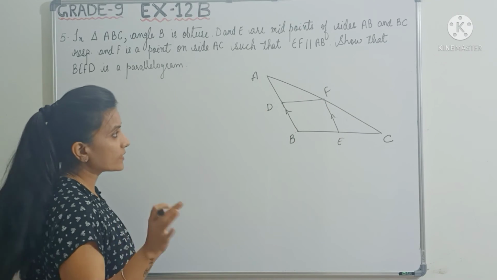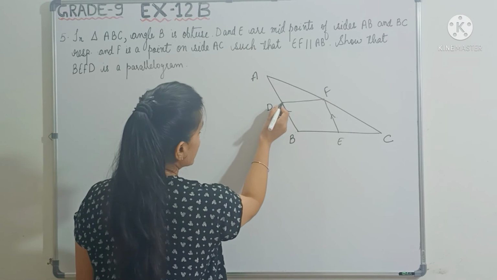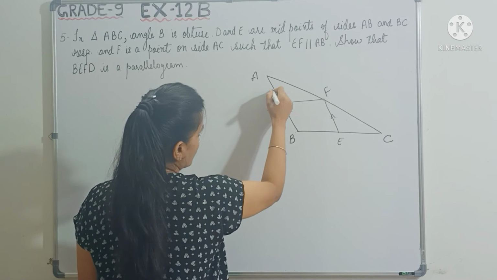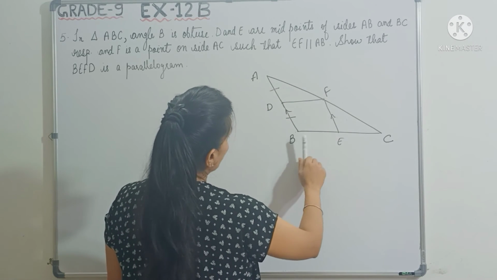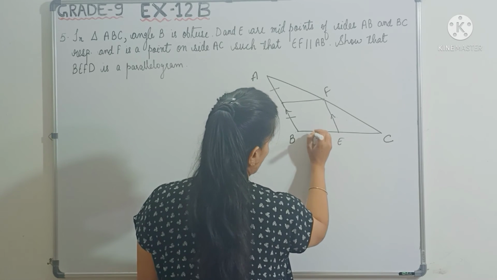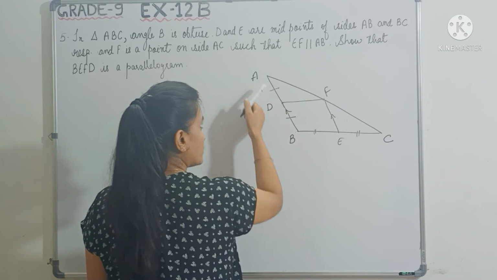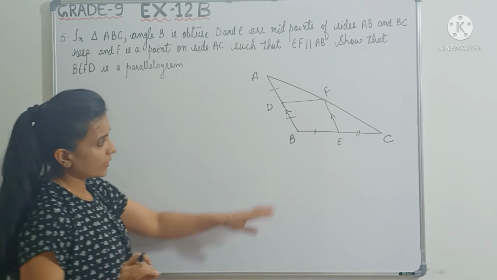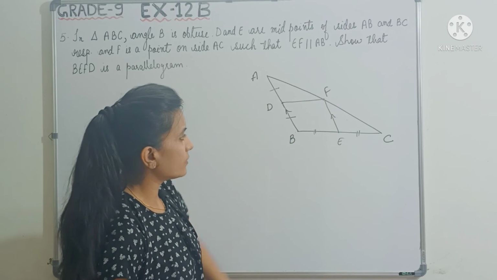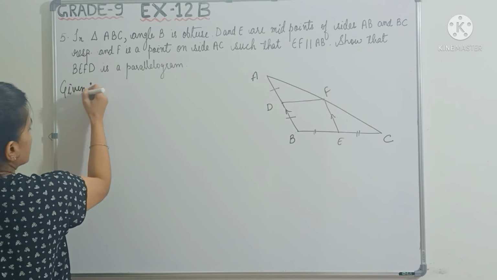Okay, so let's see once again what is given. Triangle ABC is given where D is the midpoint of AB, so AD is equal to DB, and even E is the midpoint of BC, so BE will be equal to EC, and EF is parallel to BA, right? This much is given, and you have to show that BEFD is a parallelogram. So let's first write down given.